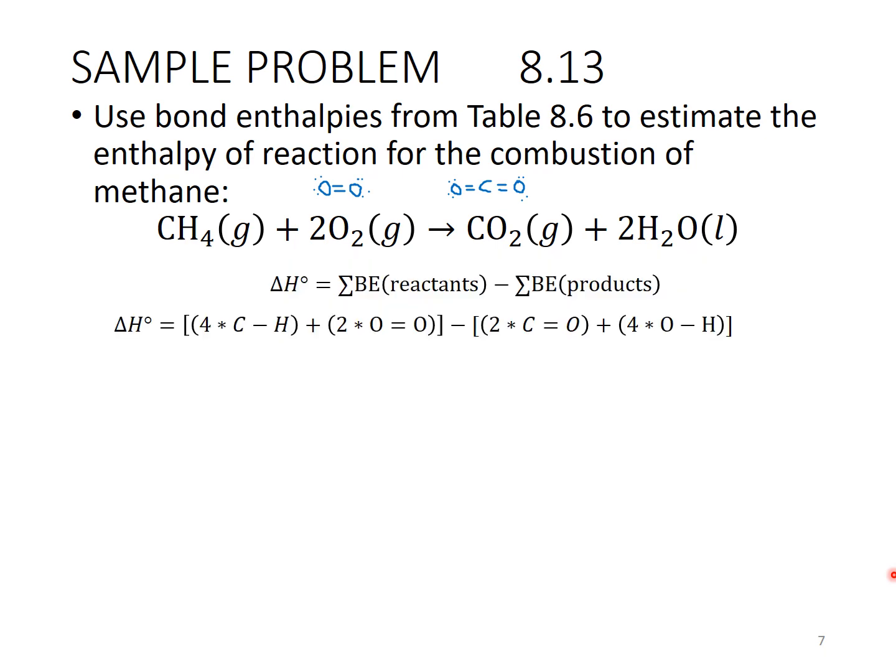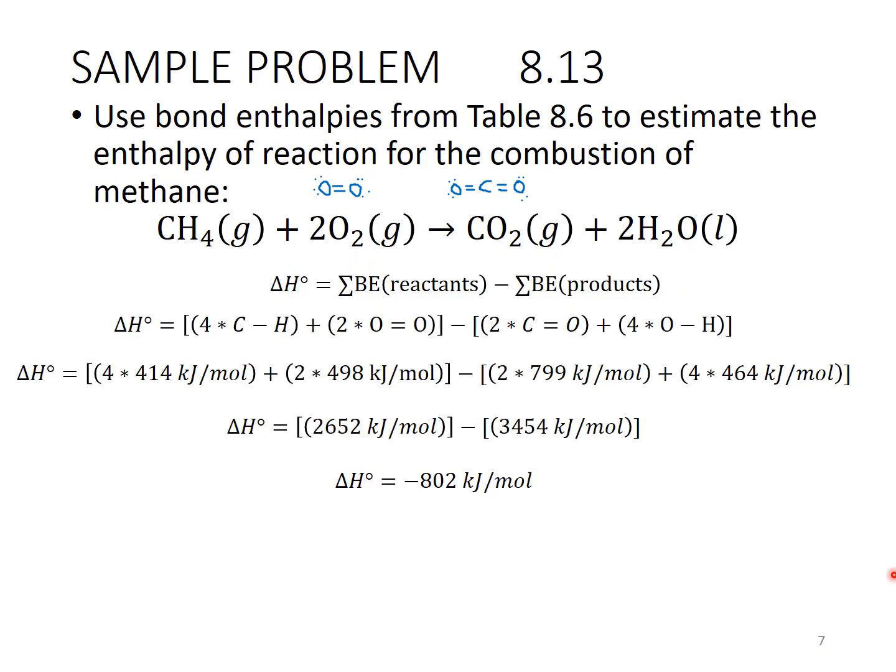So again, here we have the equation. And we can plug in those values, like I said, that we just saw, taking the bond energy of these reactants minus all the bond energy of these products. And this is kind of the setup that you get. And you get a total delta H of negative 802 kilojoules per mole. This is an exothermic reaction, which we are familiar with in terms of combustion.